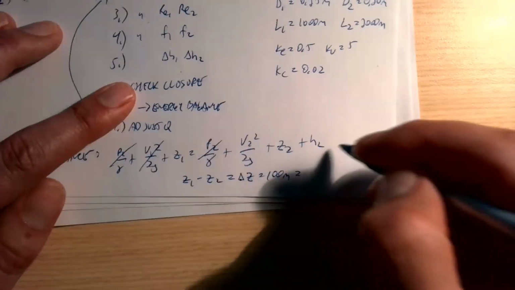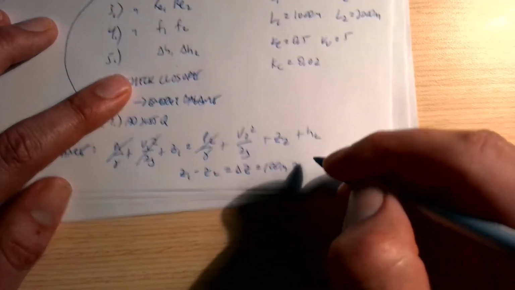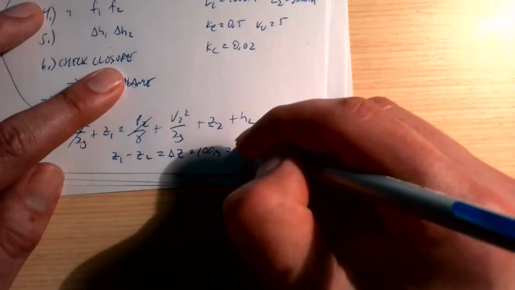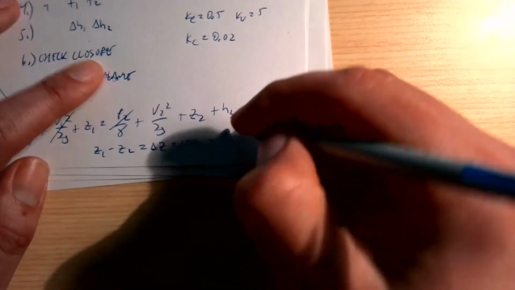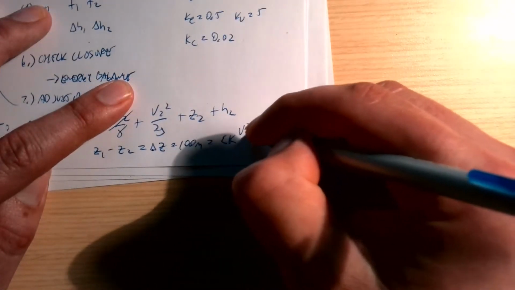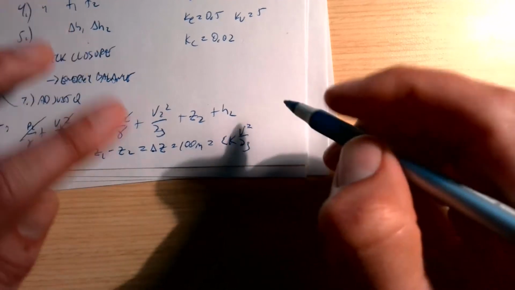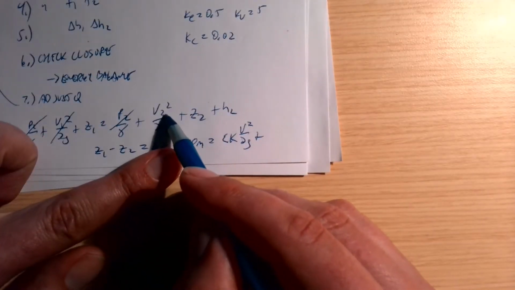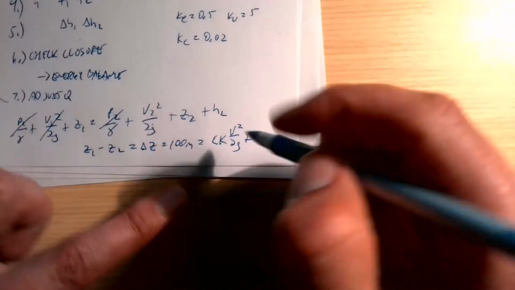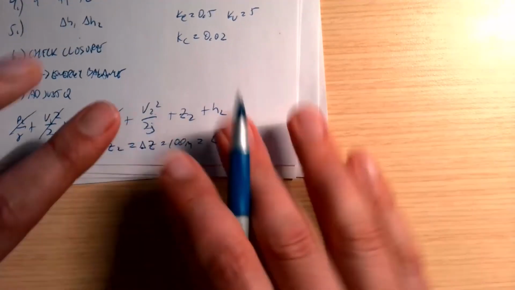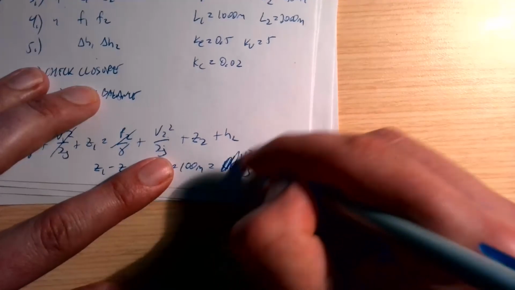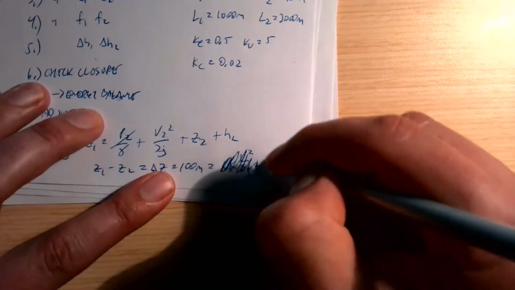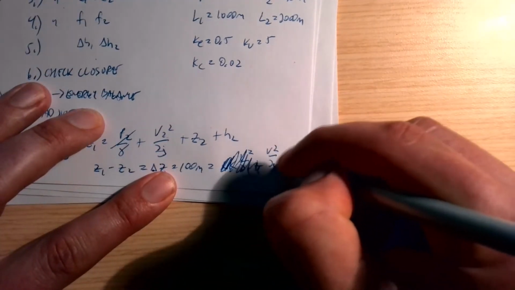That has to equal the head loss, which is going to be the sum of the K's times V squared over 2g, plus I've still got this V squared over 2g here. Let's just leave it as V squared over 2g plus HL.